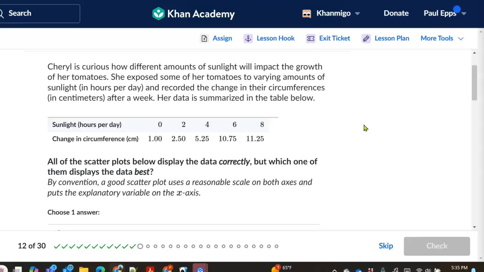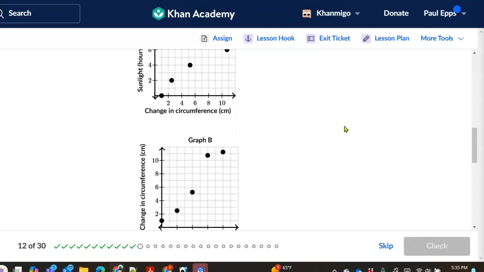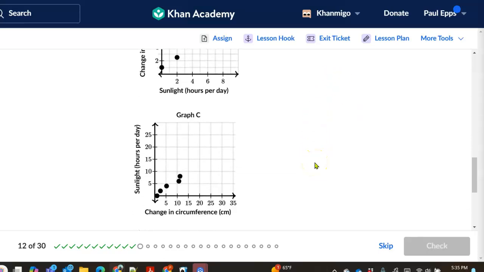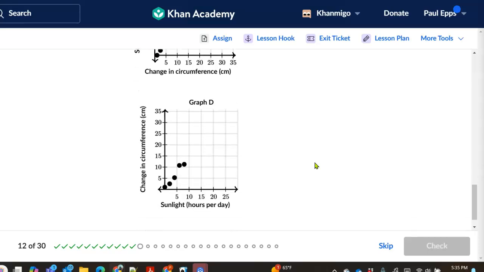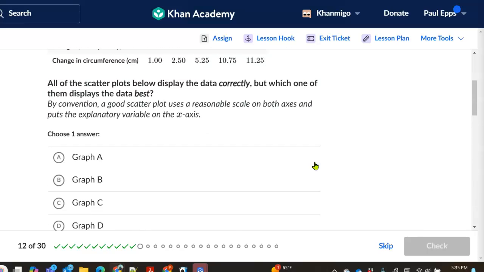Okay, well, the explanatory variable is the amount of sunlight. The amount of sunlight explains the growth of the tomatoes. So, we're looking for a reasonable scale on the axes and sunlight on the x-axis. So, we eliminate A. B is possible. C is out. Okay, D is that the scale is wrong. So, we're going to have to go with B.